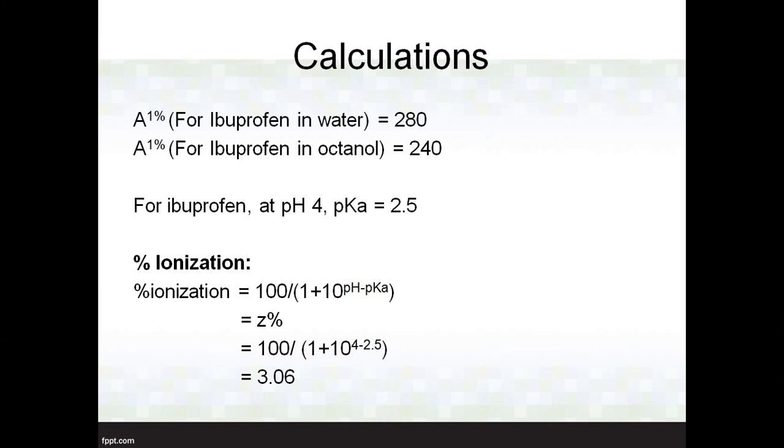Now we know that the partition coefficient is calculated for the unionized species and the concentration which we would obtain would be the concentration of the ionized as well as unionized species. So we need to find out the percentage ionization of ibuprofen so that we can subtract the ionized concentration from the total concentration to get the unionized concentration. So for ibuprofen at pH 4, pKa is 2.5.